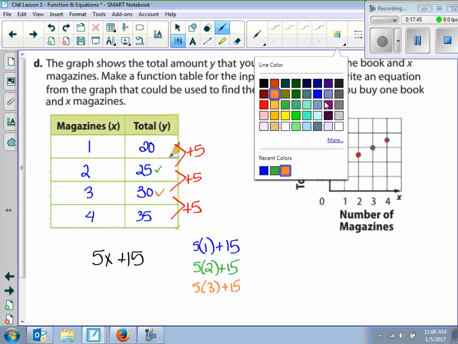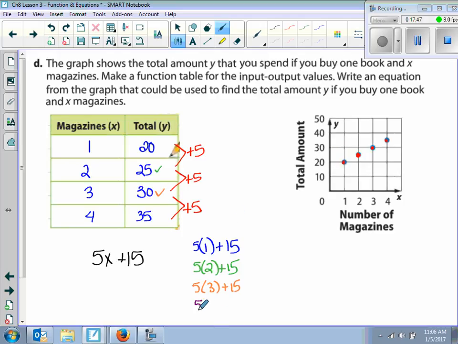And then finally, we've got 5 times 4, which is 20. Plus 15, which is 35. Is everybody clear how we check that? Is everybody clear why we added that plus 15? Yes. All right. Very good. And we're done.